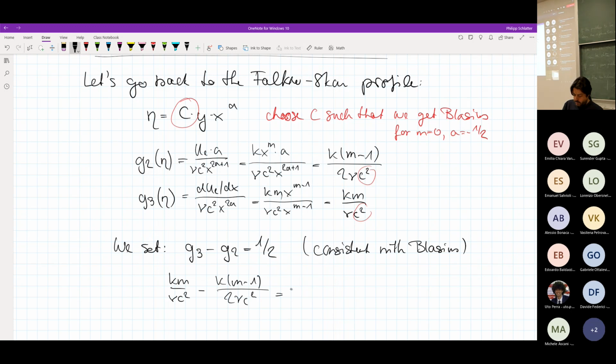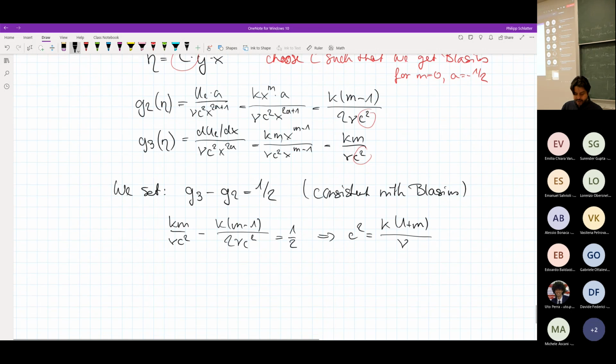This should be 1/2. Now you see that we can directly isolate c. We get c squared being k(1 plus m) divided by nu. So this is our value for c, which is consistent with Blasius.